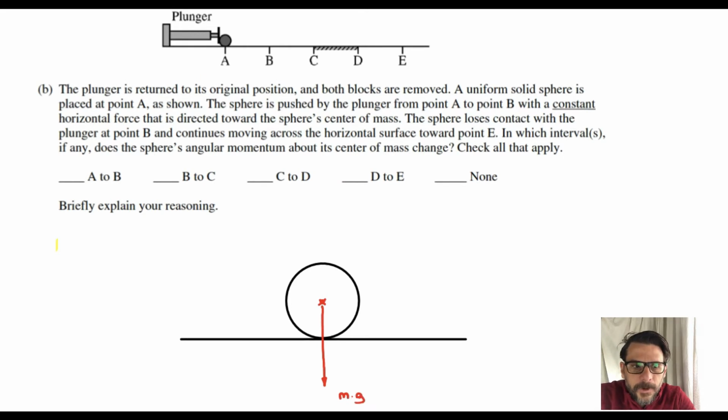We also have a normal reaction force that is acting at the point in which the sphere is in contact with the floor, right here, acting upwards. I'm just tracing this line slightly moved towards the right so that you can still see the red arrow and the green arrow, but they are acting along the same vertical line.